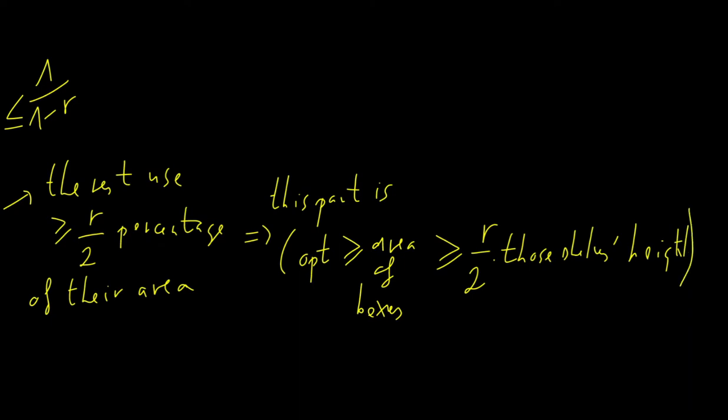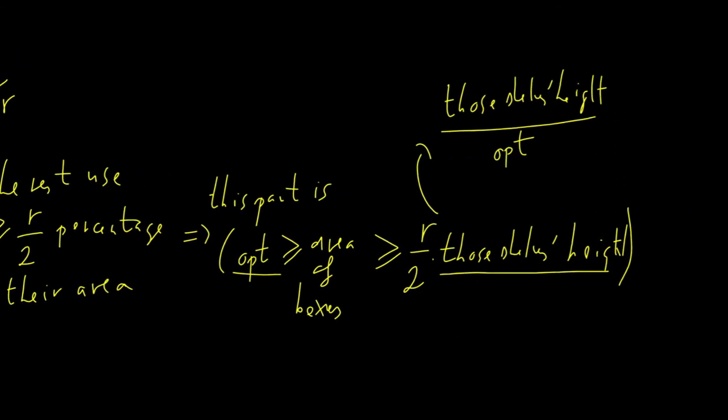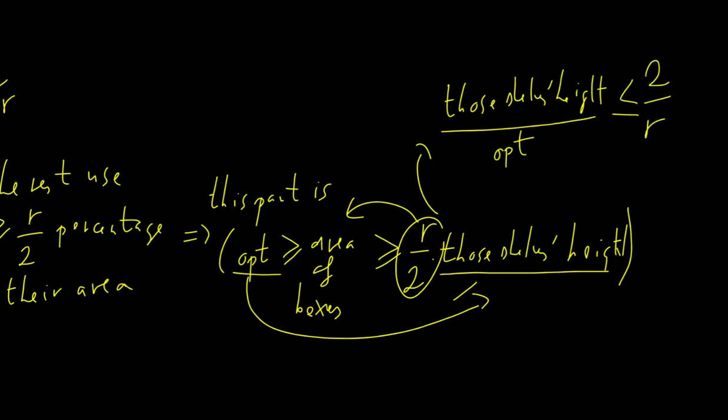Which means that if I'm just dividing those shelves' height by the optimal cost, it will be at most, well, I just have to divide by the optimum, and to put this the other way, I will just have to multiply by 2 over r. Okay.